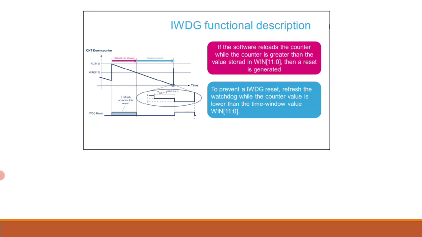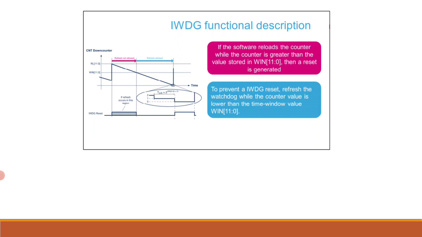So here it is. When the down counter reaches 0, you can see the down counter reaching 0 in this figure on the left, the watchdog reset is activated. This happens when the application software did not refresh the watchdog on time.